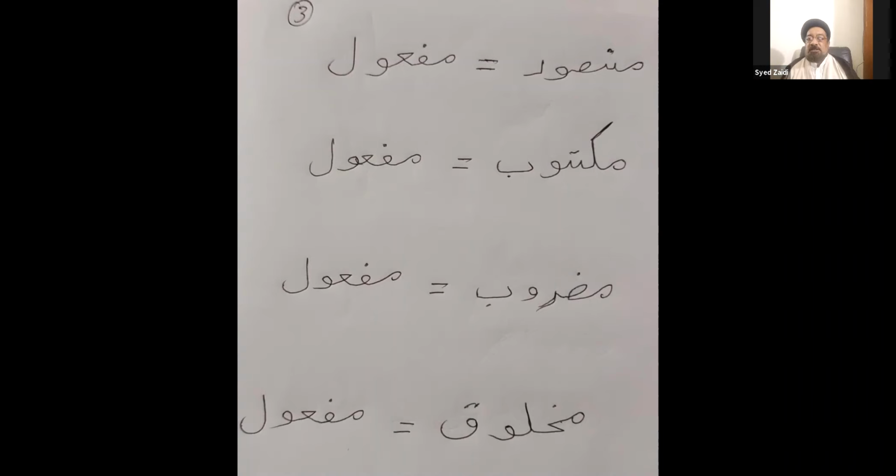Now, Nasr, the 3-letter word, Noon, Sad, and Ra, are huruf asli, right? And huruf zaid are Mim and Waw. And once you convert that into that templatic system and you measure it on that scale, what would be the word maf'ul? What have you done? You have replaced the huruf asli with fa, ain, and lam, while the huruf zaid remain the same.